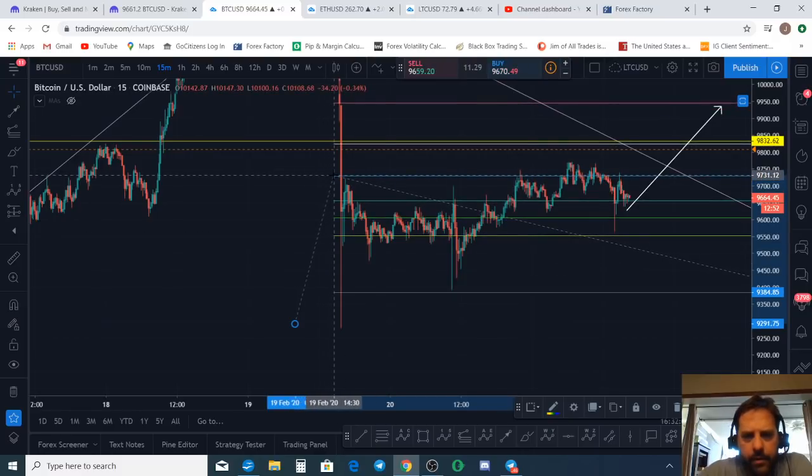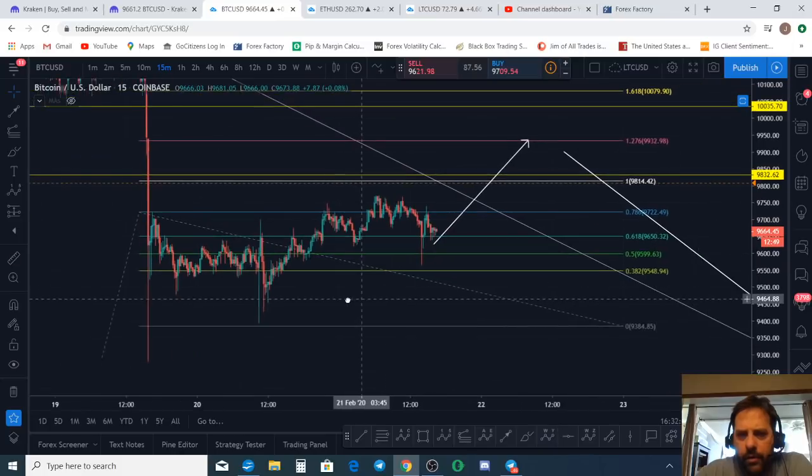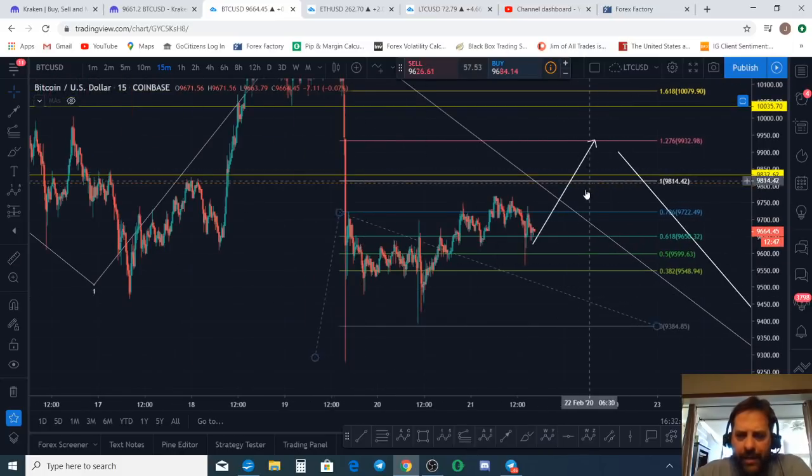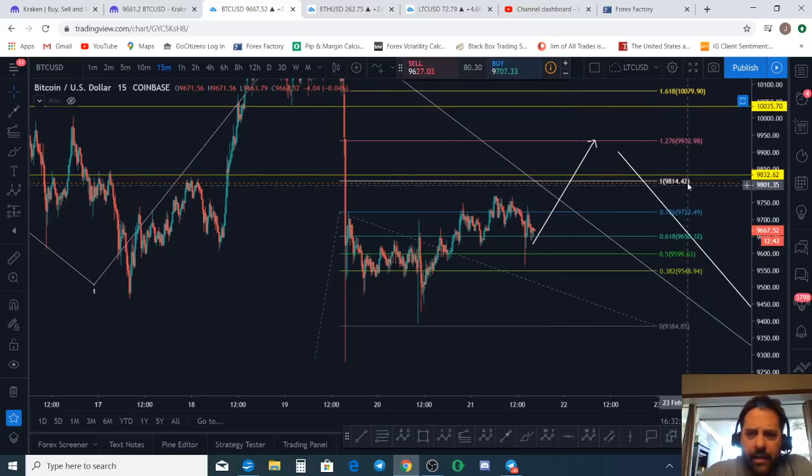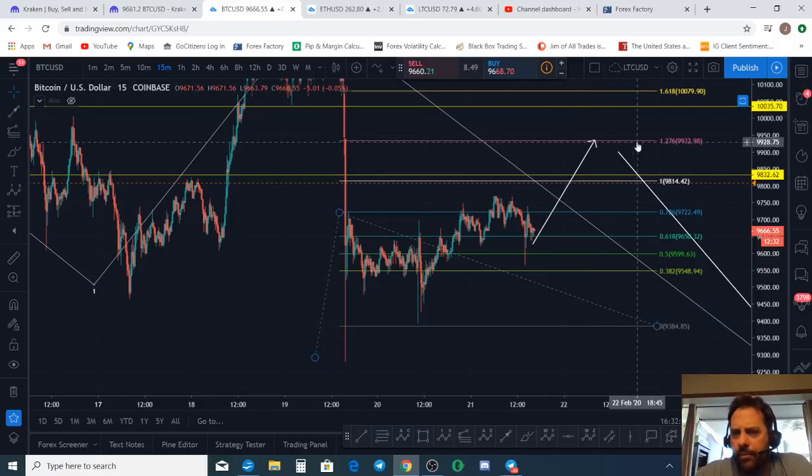Oh, I remember. The overall fibs, we haven't made the 1-to-1 quite yet. So we still have these targets up here, the 99.30 and 98.14. But I imagine we're going to pass the 98.14 if we go up and finish this corrective move to the upside.